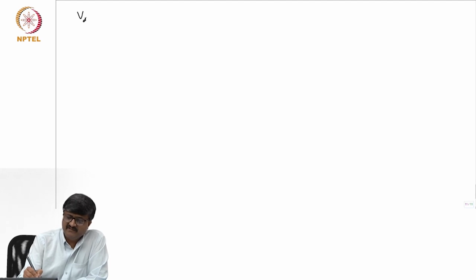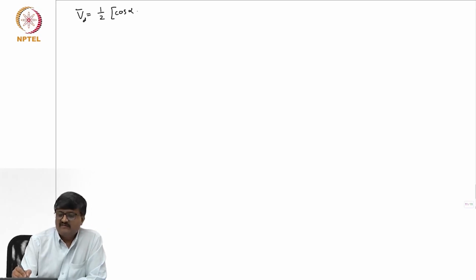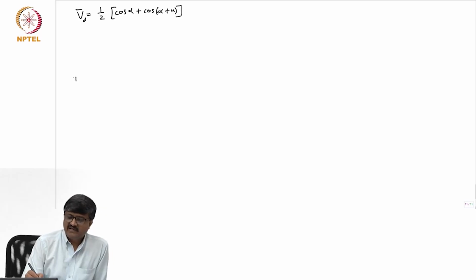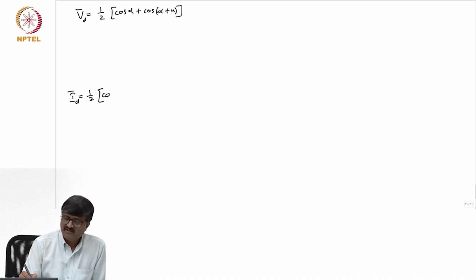So let me take the equations 1 and 2. VD is half cos alpha plus cos alpha plus, and I have ID equal to half cos alpha minus cos alpha plus.